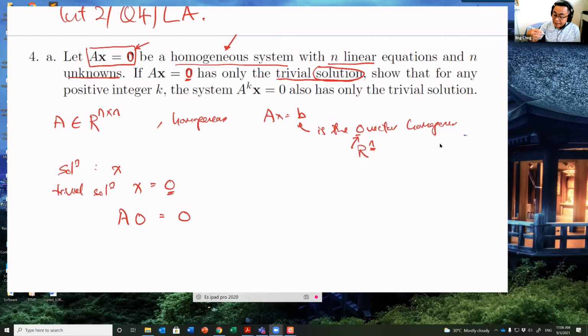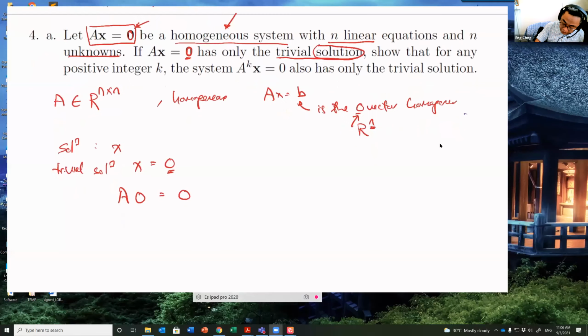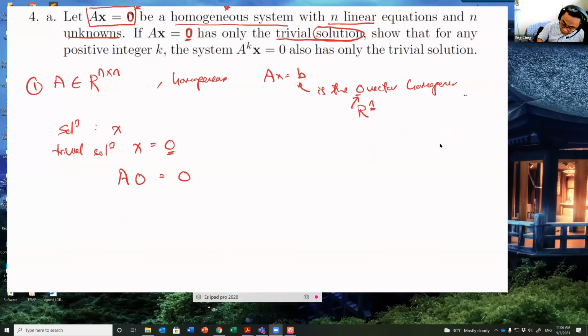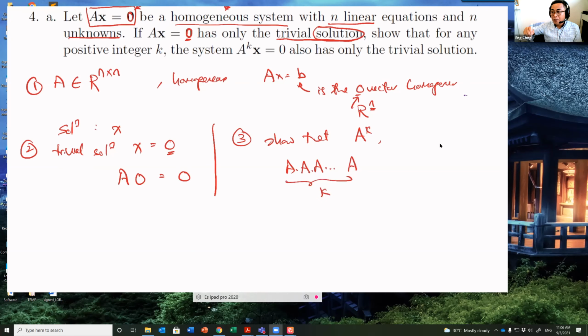So in the second line, we reach this point. This is the first point, and this is the second point given to us. And now the third point is show that A^K, what is A^K? A^K is A times A times A, K of them. So we have a product of square matrices, so we can multiply, right?